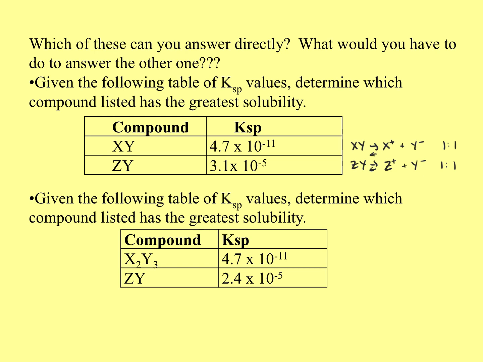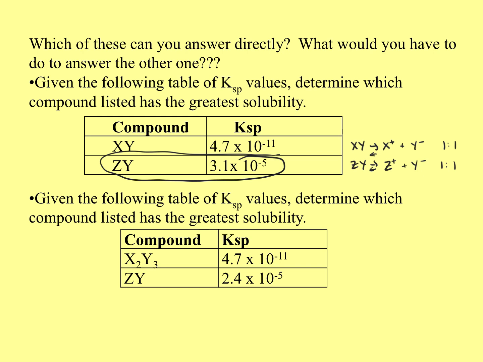So in the case of this one, ZY has a higher Ksp value, and therefore has a greater solubility as a result. Its higher Ksp value means that more product will be present here, so you have more of these ions compared to this one over here.